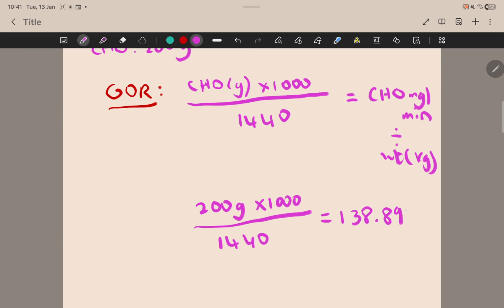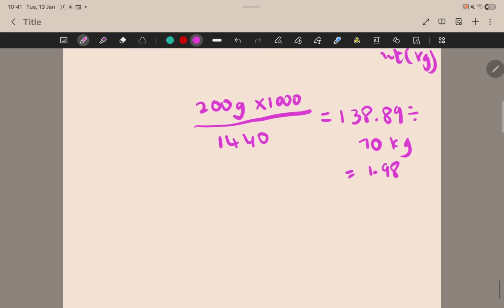You can round to 2 decimal places, or on your calculator just use this answer and divide directly by weight. If I round and divide by the weight in kilograms, I get 1.98. So the answer here is 1.98 milligrams per kilogram per minute.